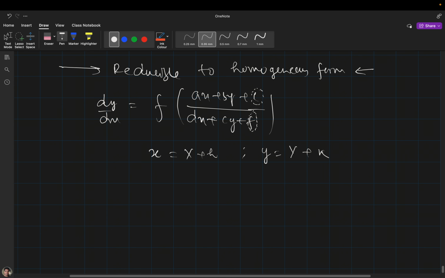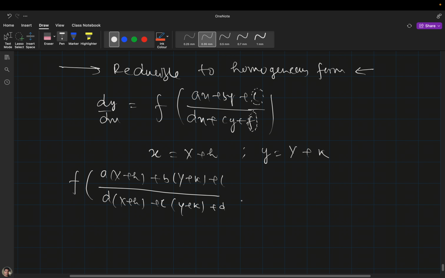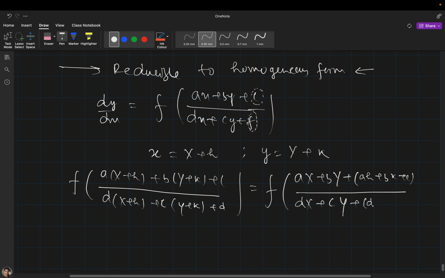Then you will see that this function will be a(X plus h) plus b(Y plus k) plus c, and this will be d(X plus h) plus e(Y plus k) plus f, which is something like aX plus bY plus ah plus bk plus c, divided by dX plus eY plus dh plus ek plus f.